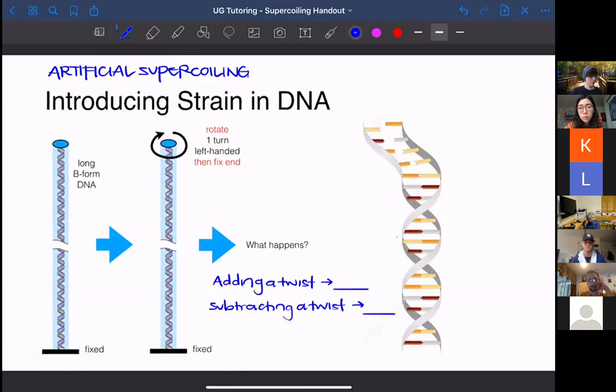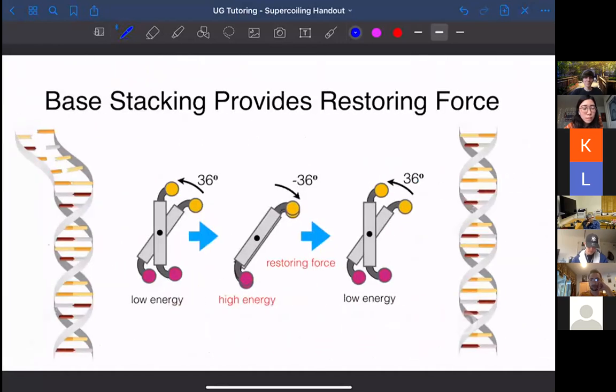If you were to add a twist to your DNA, that would be right-handed supercoiling. If you subtracted a twist, that would be left-handed supercoiling. I think this will make a lot more sense once I cover the rest of the terms. Again, base stacking is what provides the restoring force.